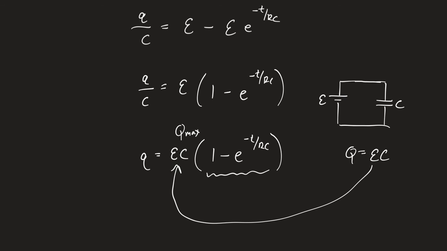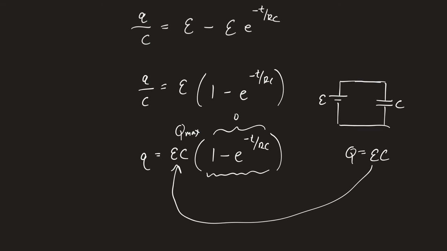When t equals 0, what is e to the 0 power? So at time 0, everything in here is 0. Right? It's 1 minus 1. So at time 0, the charge in the capacitor is 0. Exactly as we thought.